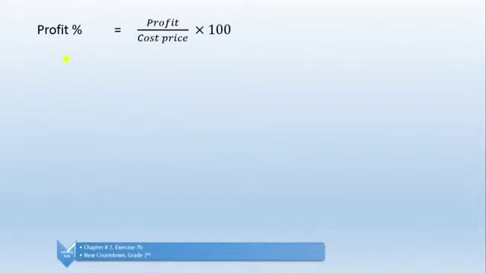So to find out the profit, we will use this formula. Profit percentage is equal to profit divided by cost price multiplied by 100. Profit percentage is equal to 15%, we don't know the profit, and cost price is 48 rupees, multiplied by 100.